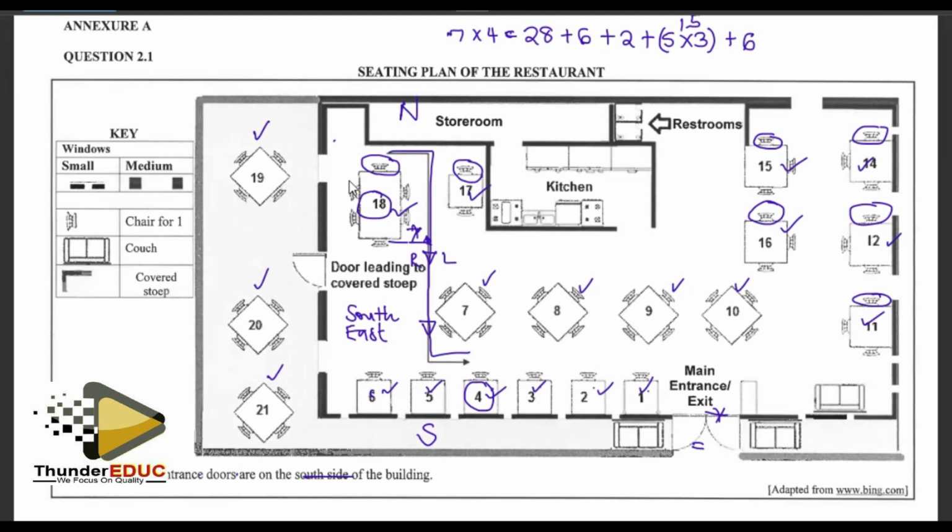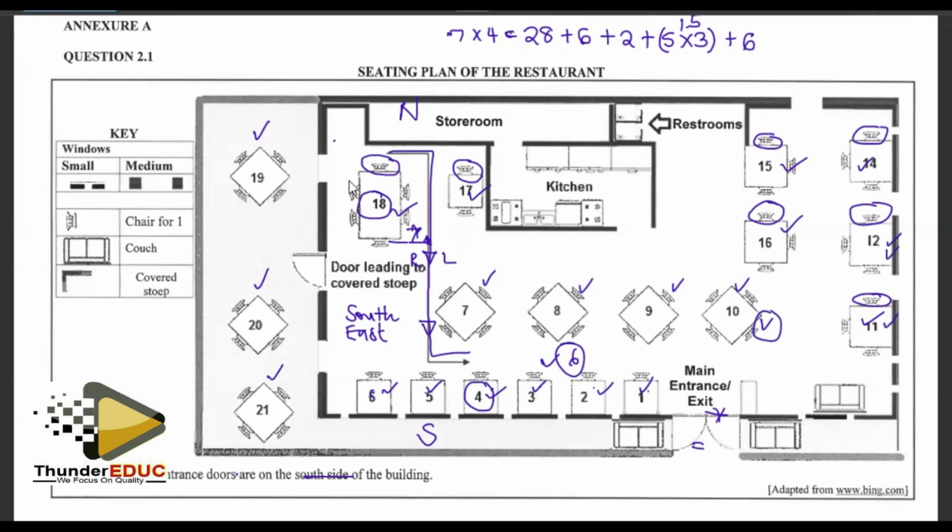Let me count them. We have 1, 2, 3, 4, 5, 6. Yes, these are 6 tables. 7, 8, 9, 10. Yes, 10 tables. 11, 12.